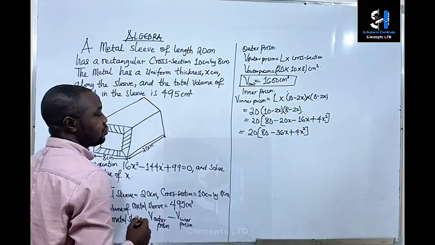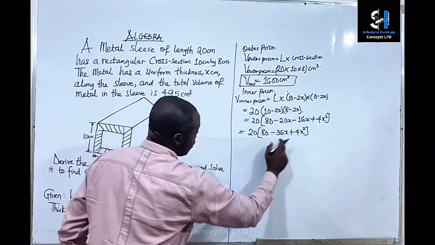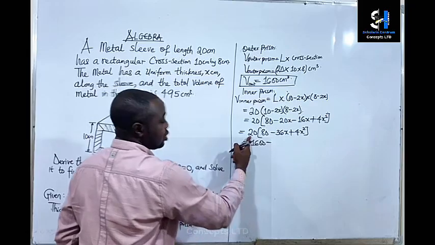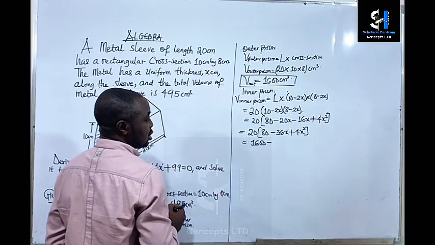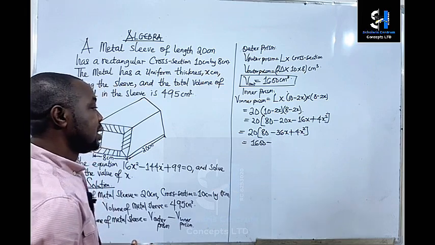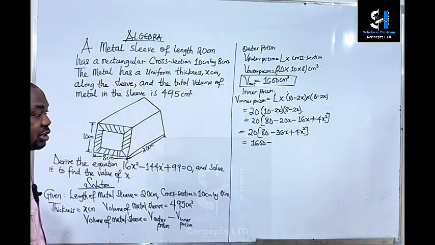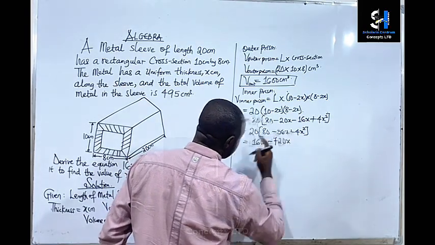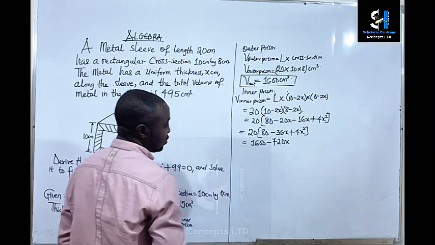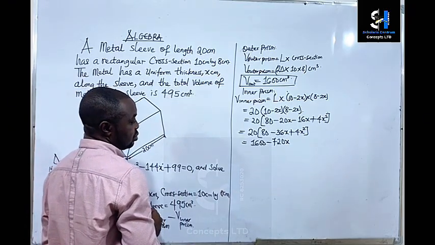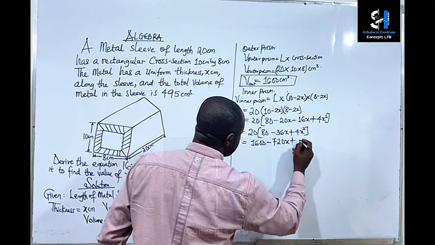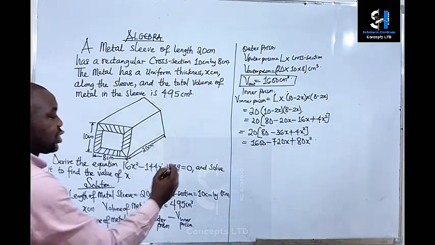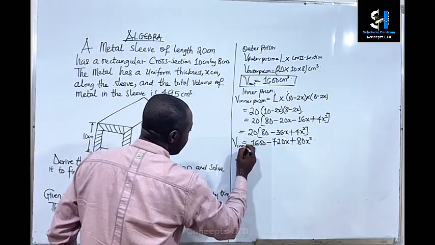Now we distribute 20: 80 times 20 is 1600, 20 times minus 36x is minus 720x, and 20 times 4x squared is 80x squared. So this is the expression for the volume of the inner prism.